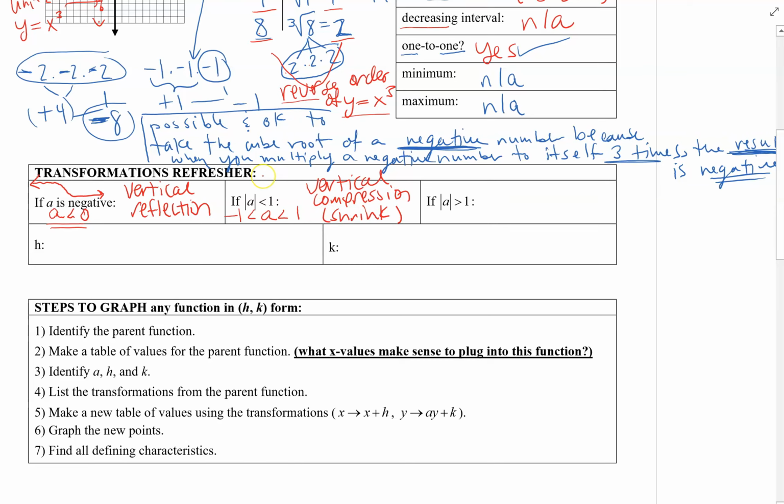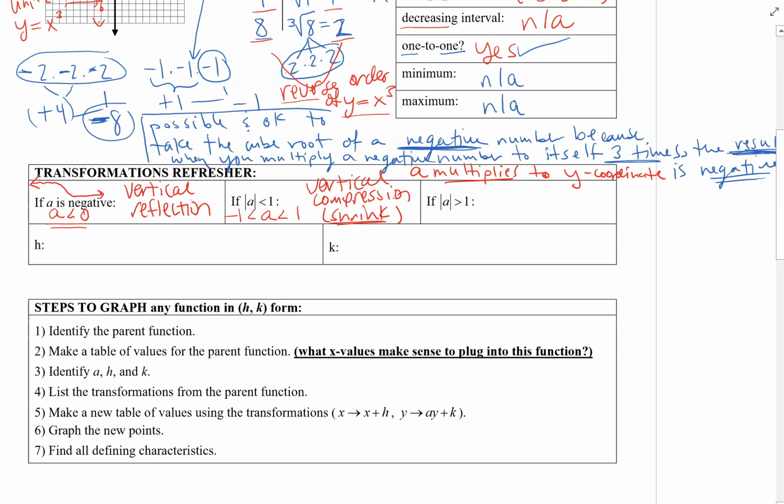Because remember, the a value multiplies to the y coordinate. So if I'm multiplying some number less than 1 to a y value, it's going to shrink it and cause it to become smaller.